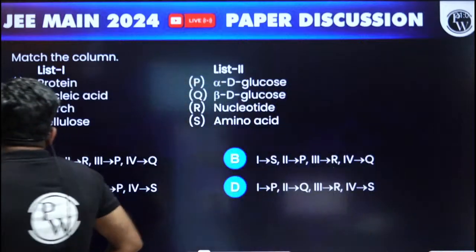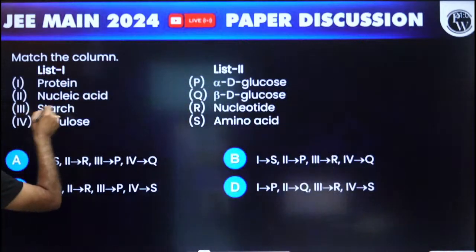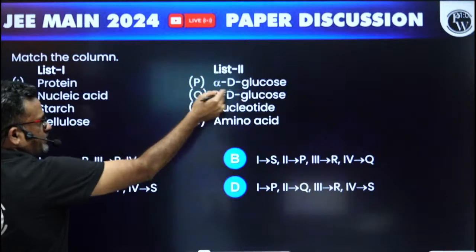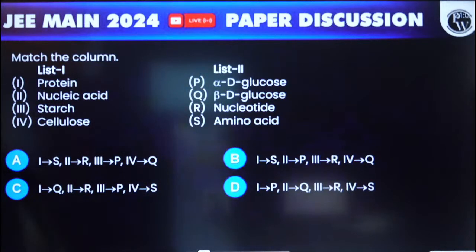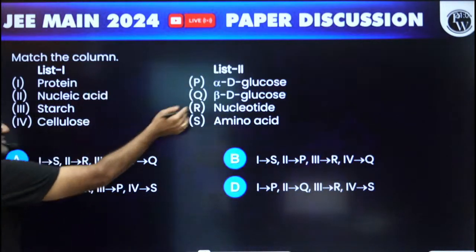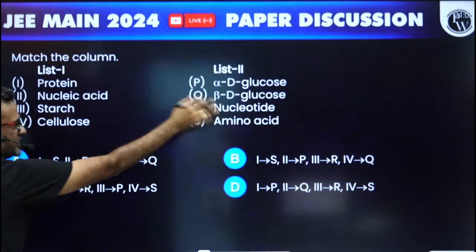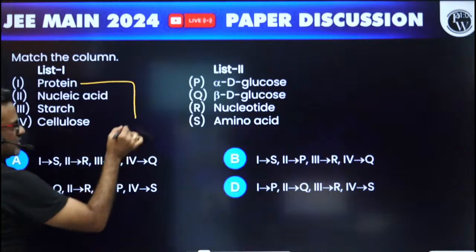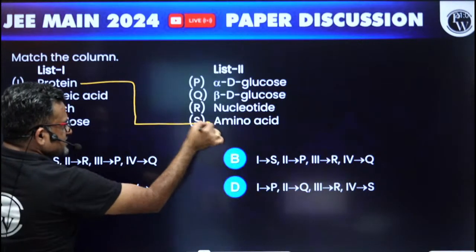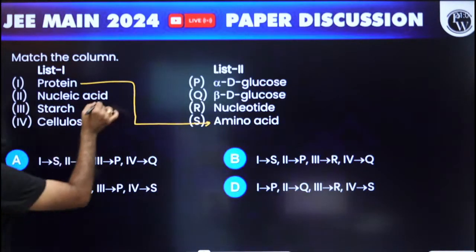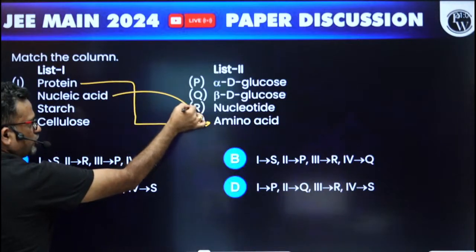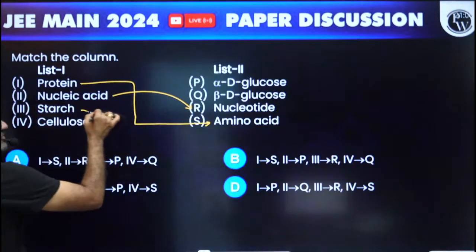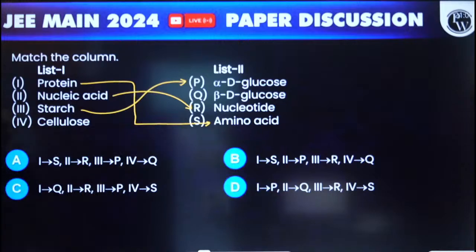Match the column. Protein, nucleic acid, starch, cellulose, alpha D glucose, beta D glucose, nucleotide, amino acids. So these are all polymers, these are all monomers. Which monomer is present in which polymer? Protein is made up of alpha amino acids. Yes or no? Nucleic acid contains nucleotide. Starch is made up of alpha D glucose.